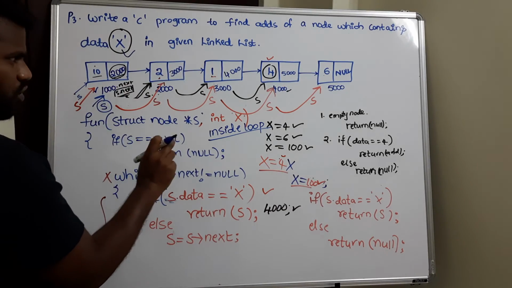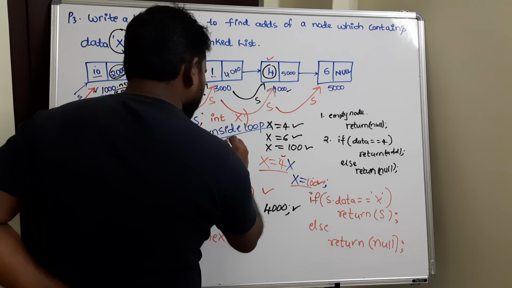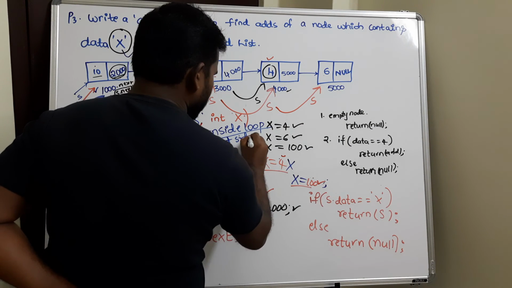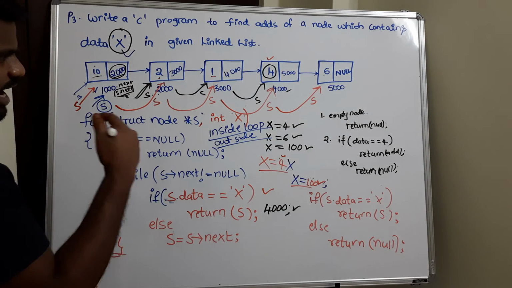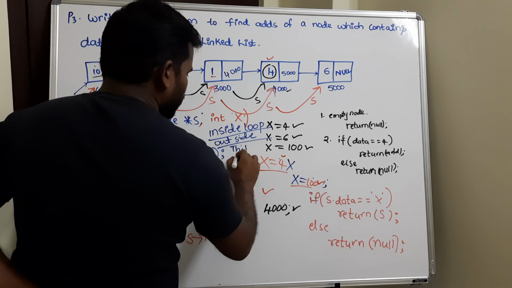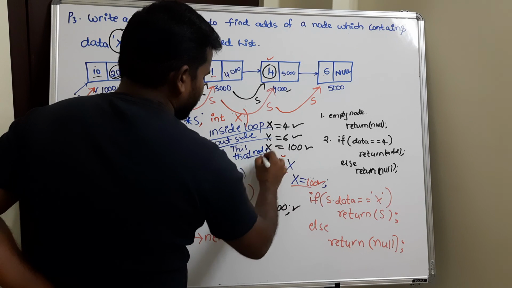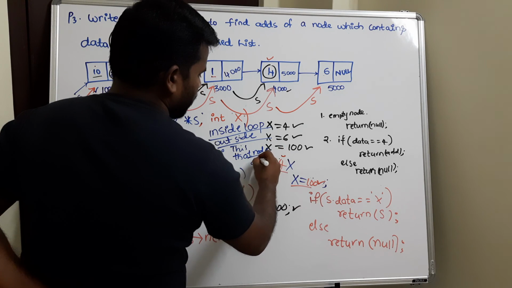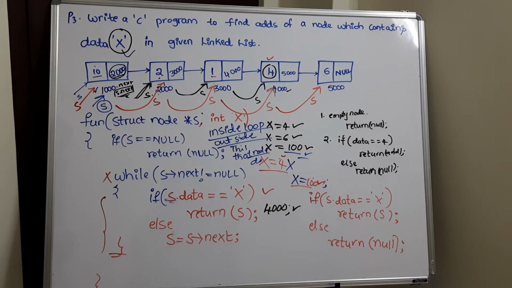If it is x equal to 6, then it will return outside the loop. But if x equal to 100, that means we haven't found it anywhere, that means this will return that the node doesn't exist with the value of 100, right? This is the thing. So yeah, that's it for now. We'll move on in the next tasks.